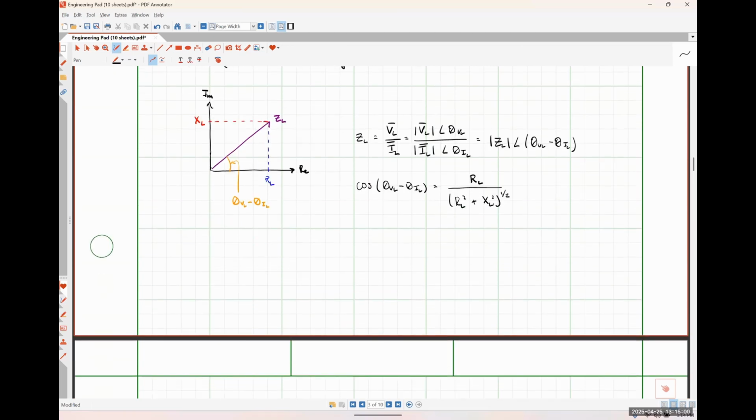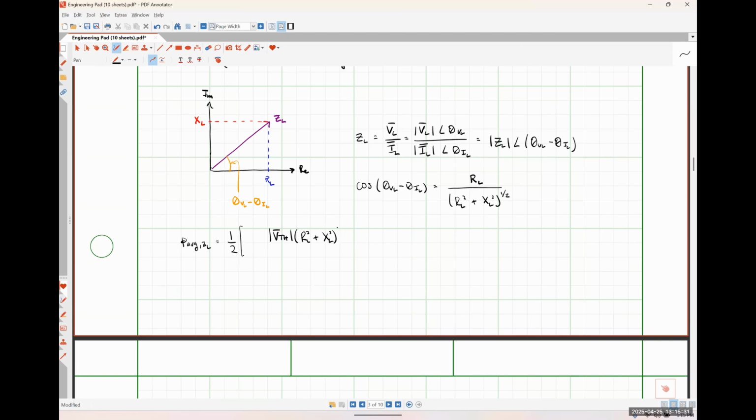So if we come down here, we could say that our average power absorbed by our load impedance ZL is going to be 1/2 times. Now I'm going to simply substitute in the magnitude of my Thevenin voltage. There's going to be the magnitude of my load voltage. So that would be the magnitude of VTH times RL plus XL.